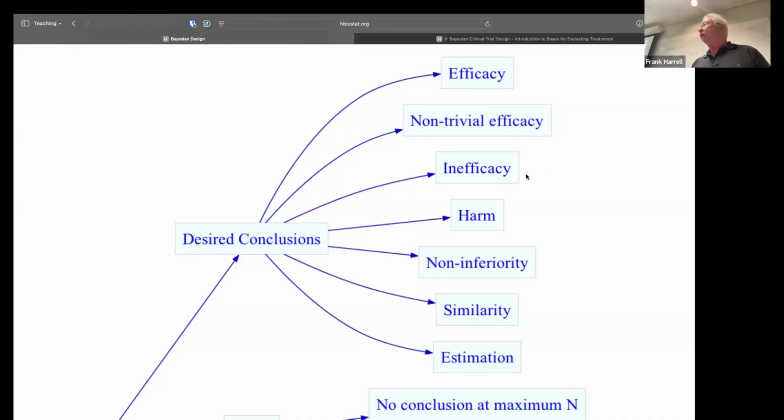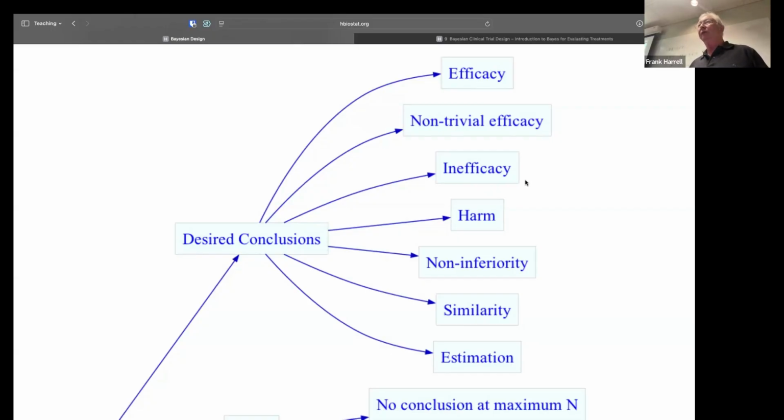Another conclusion might be inefficacy. Right now, if P is greater than 0.05, you cannot conclude that the treatment doesn't work. That's exactly not what it means to not reject the null hypothesis. With a Bayesian design, you can actually make a conclusion that the treatment doesn't work. So remember, in the p-value world, you're assembling evidence to reject something.